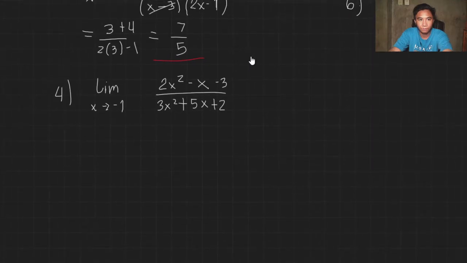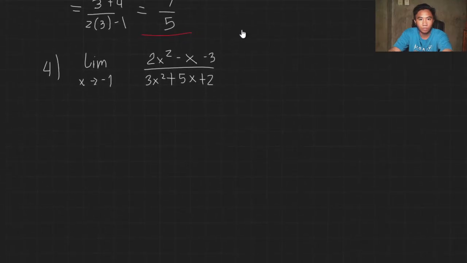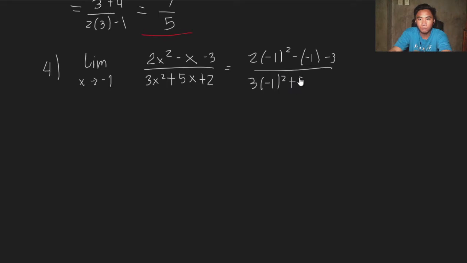The limit of 2x squared minus x minus 3 all over 3x squared plus 5x plus 2 as x approaches to negative 1. Again, kapag sinubstitute ulit natin yan, 2 times negative 1 squared minus negative 1 minus 3, and then 3 times negative 1 squared plus 5 times negative 1 plus 2.